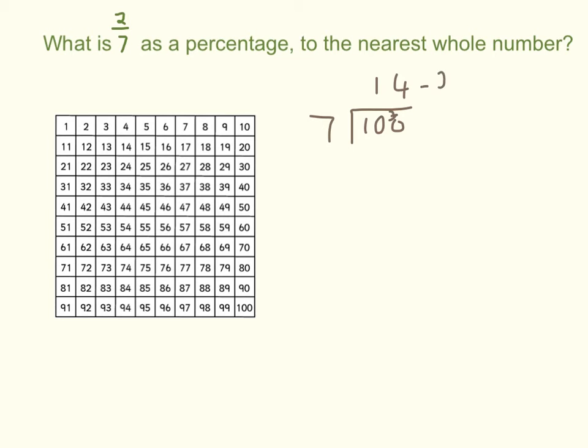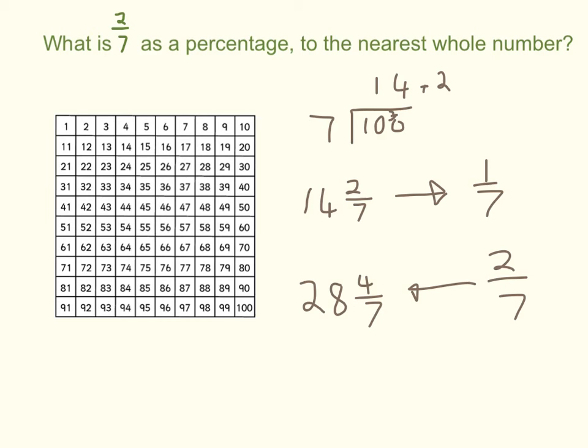So I could, of course, give that as 14 and 2/7. That, of course, is only 1/7, so to find 2/7, I'll need to double that amount. And so to answer my question, to the nearest whole number, it would be 29%, because, of course, 4/7 makes the number nearer to 29 than 28.